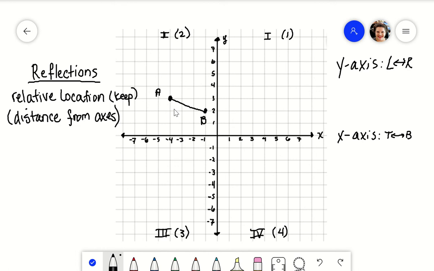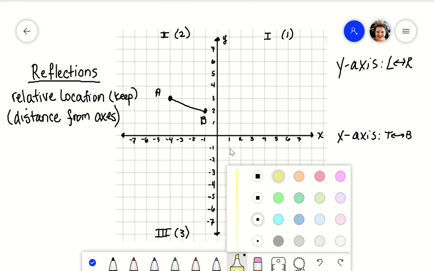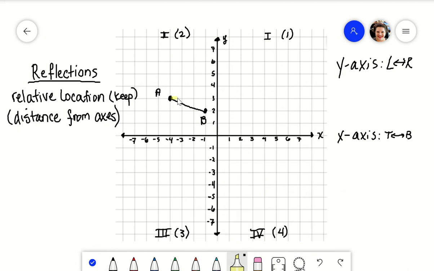So when you do a 2-dimensional or 3-dimensional reflection, the key is to do this one point at a time. You don't want to try and reflect the whole image together, because that makes it harder for your brain to keep things straight. So first I'm going to reflect point A. So point A, I'm going to count to the y-axis: 1, 2, 3, 4.